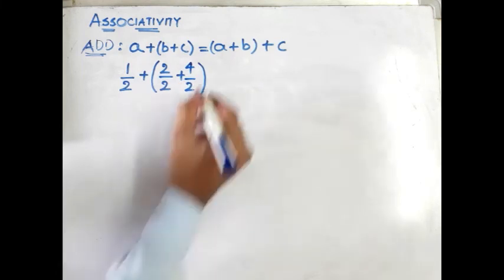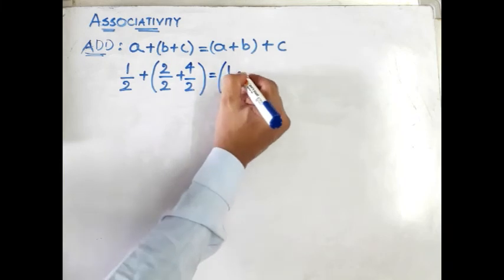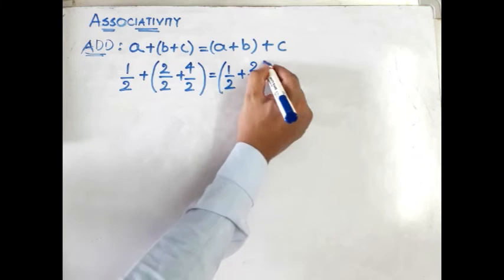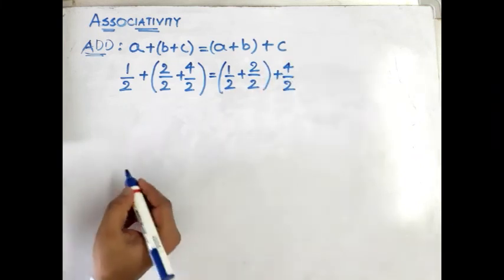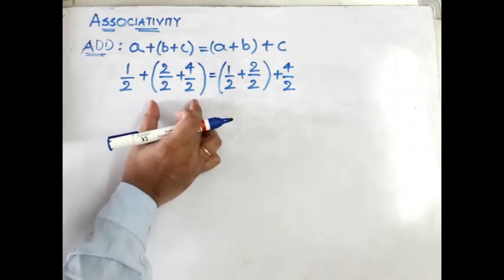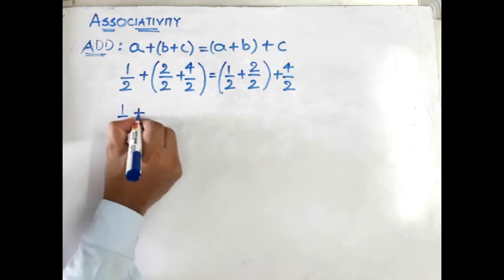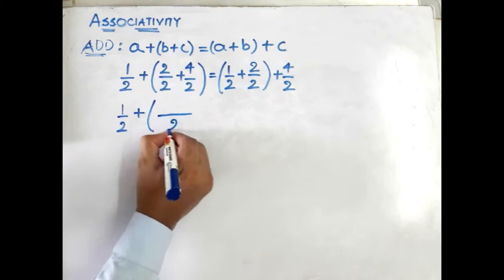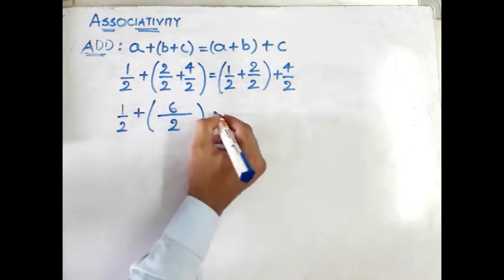Then here what will come? 1 by 2 plus (2 by 2 plus 4 by 2). Now look, as we have discussed, first we have to work on the brackets. So we should not touch this 1 by 2. As we have a common denominator, that will come 2 plus 4, it is 6 by 2.